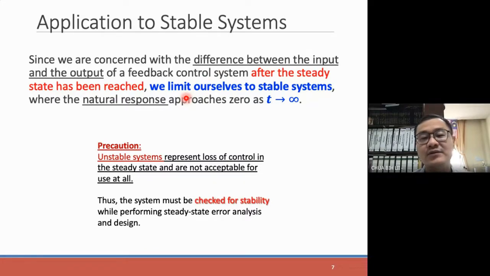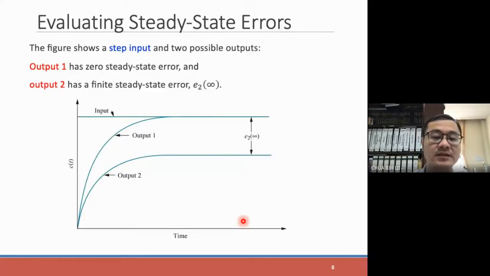The system will never settle down, right? So the system must be checked for stability, which we will learn in the next chapter. For now, we just consider that all these systems are stable and have settled to a steady state value. So how can we evaluate the steady state error?